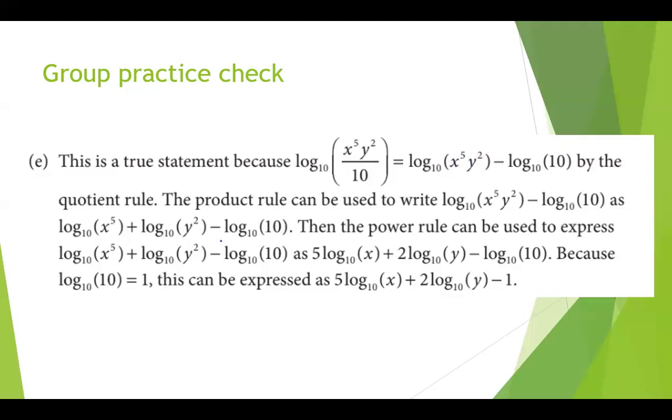Boom, boom, boom. And then I'm going to use power. And power is telling me that my powers become my coefficients. And this is your inverse rule. And inverse tells me that the base and the argument are the same. So it's a 1. So your final answer would be that. It was false because it had a product symbol instead of an addition symbol. You're supposed to add them, not multiply them. You see it?